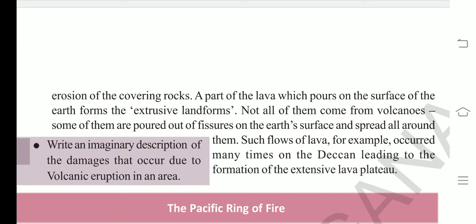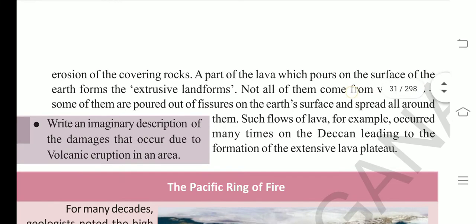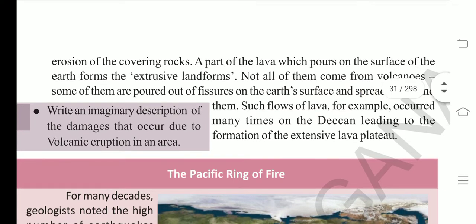Similarly, on the earth's crust, when a number of fissures appear, then from all those fissures the lava comes out very slowly and flows parallel to that surface and forms a lava plateau. Our Telangana lies on the Deccan Plateau, and this Deccan Plateau has formed in the same manner, right?